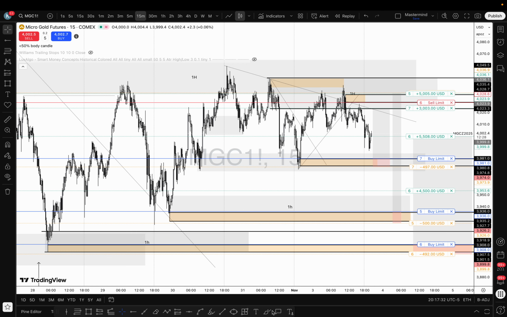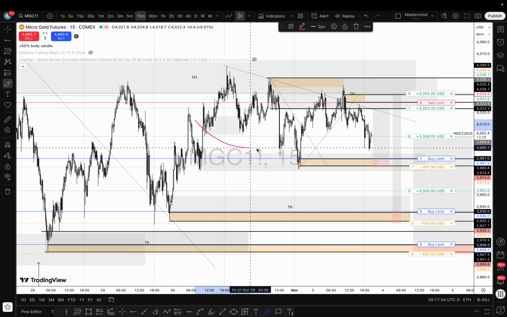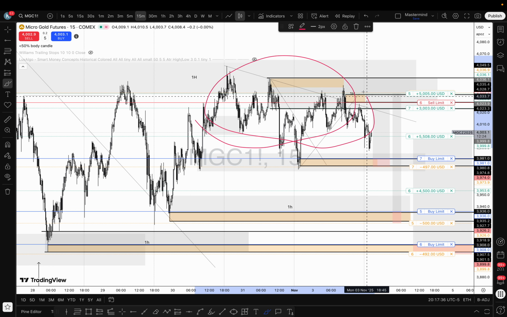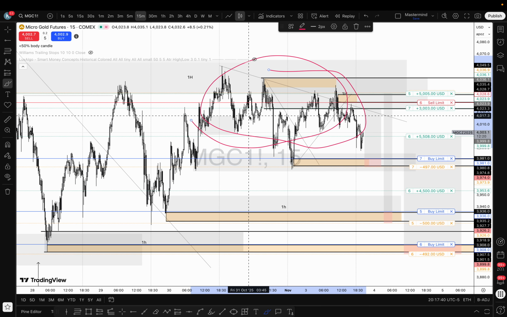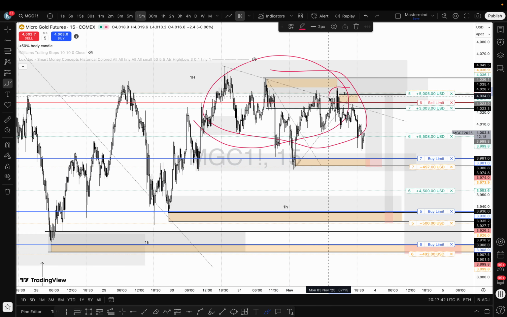So if we look in this area, we see a lot of price movement, right? So having a supply zone in this area lowers the odds, right, for this confirmation.